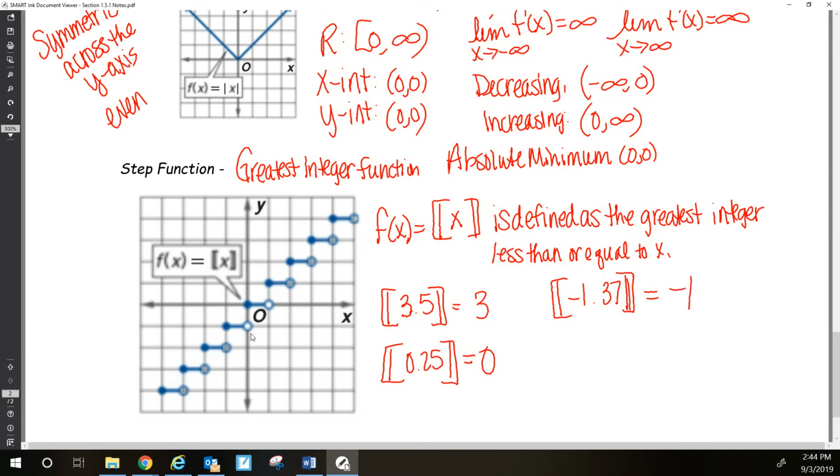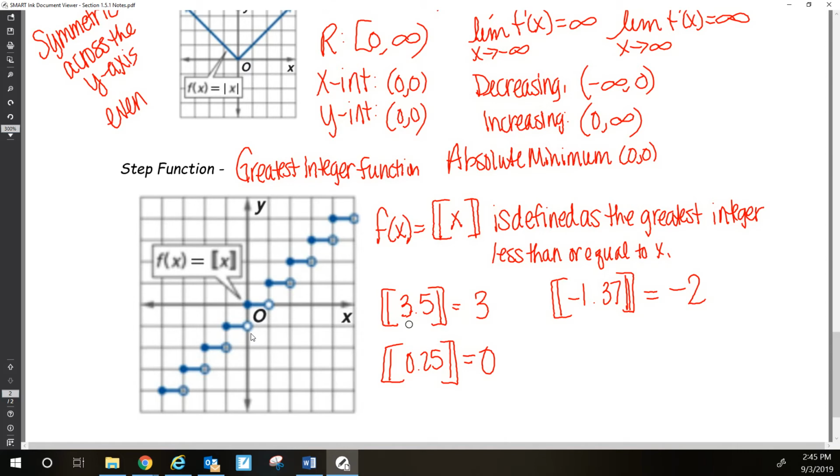But think about it. Oh, I said that backwards, didn't I? Sorry. Not negative 1, negative 2. I'm glad I have the graph right there. The integer that's less than negative 1.37 is actually negative 2. That's why it's confusing. The one that comes right before negative 1 would be negative 2.